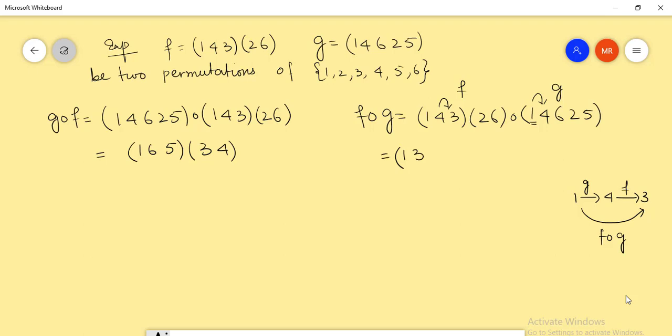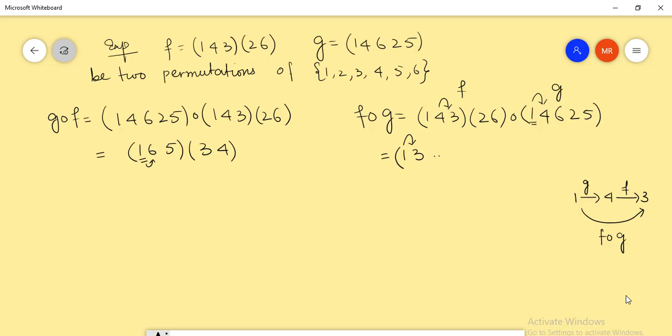It starts from this point, and we can find the rest of the symbols, but from the first two symbols we see that G composite F maps 1 onto 6, whereas F composite G maps 1 onto 3.